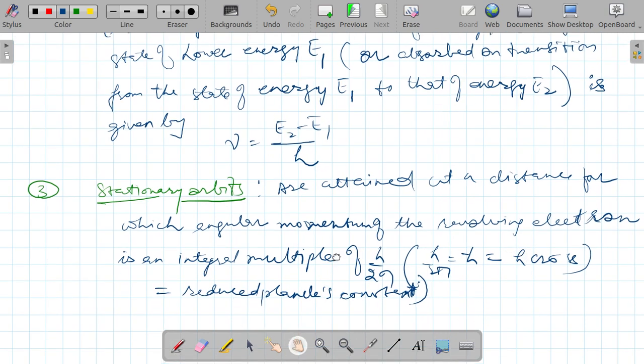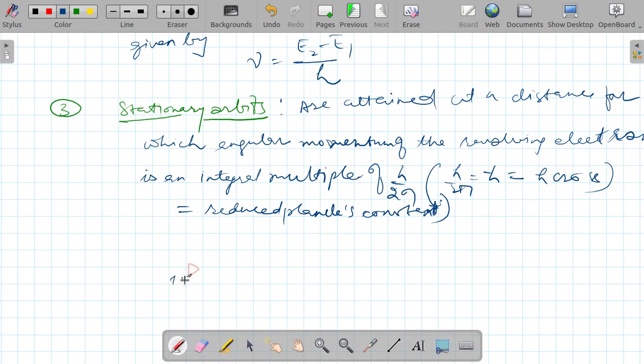That is, m e v r. If it is orbiting in the nth orbit, then it is n h cross.